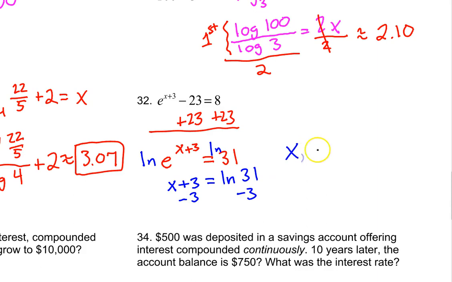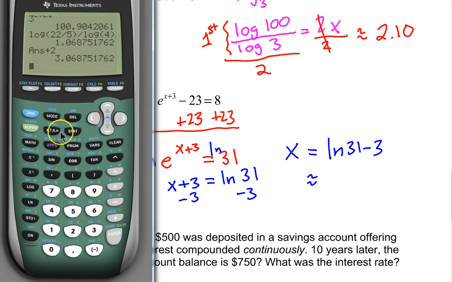So if we want the exact answer, it'll just be this. If we want the approximation, just use the calculator. So we have natural log of 31 and then minus 3. So we get approximately 0.434, or 0.43.